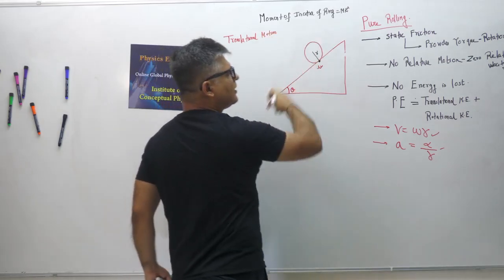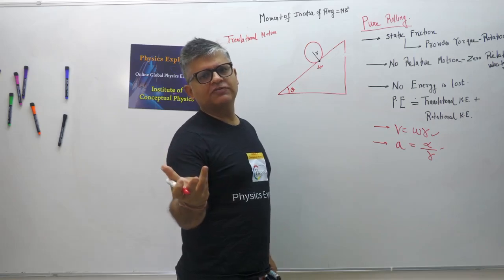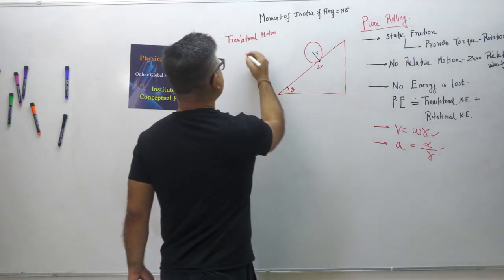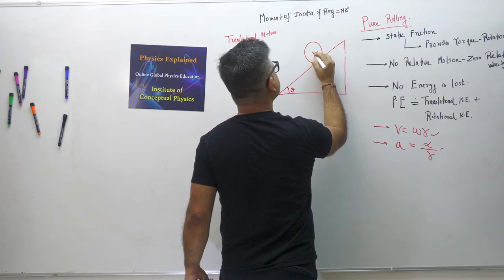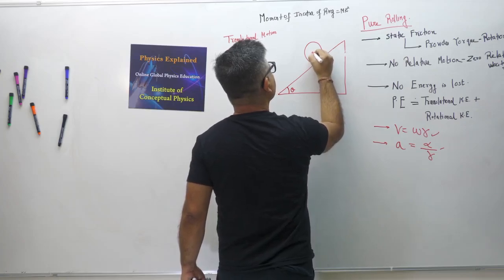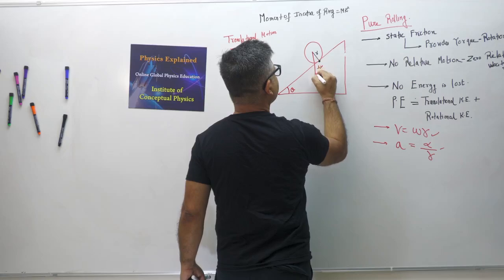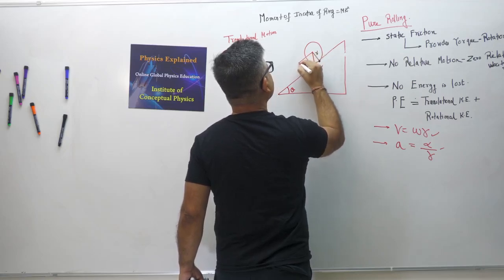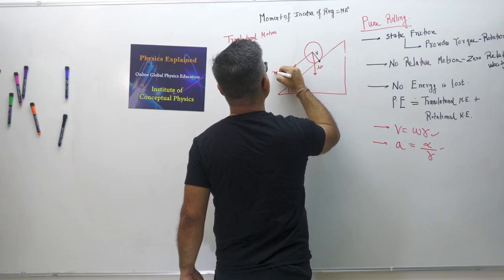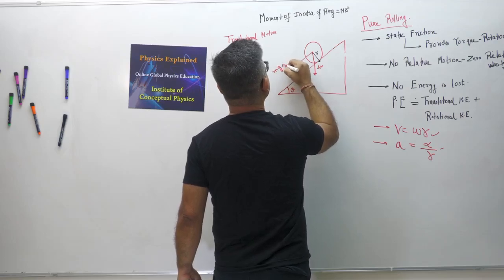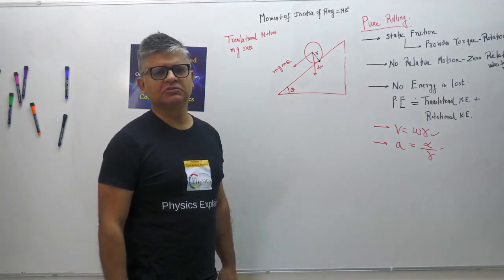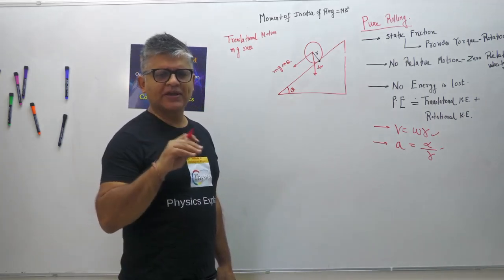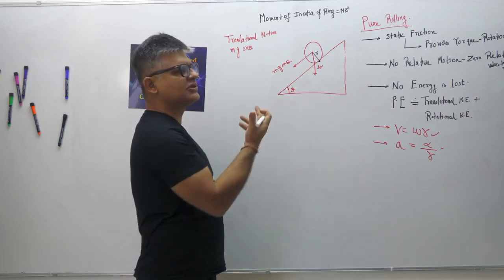It is coming down because of what? Because of mg sine theta. So this is the weight of the ring, and one component is in this direction, which is mg sine theta. That is for translational motion. When a block is sliding down, generally we use this component.